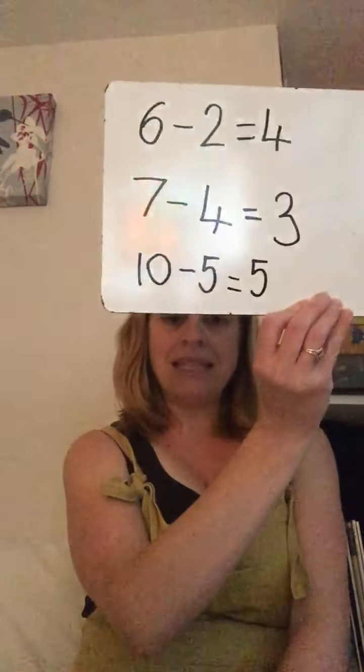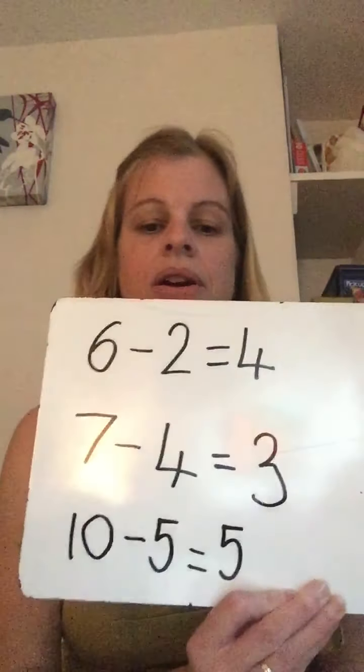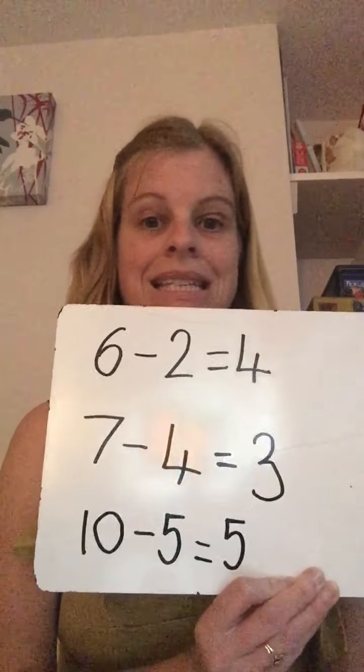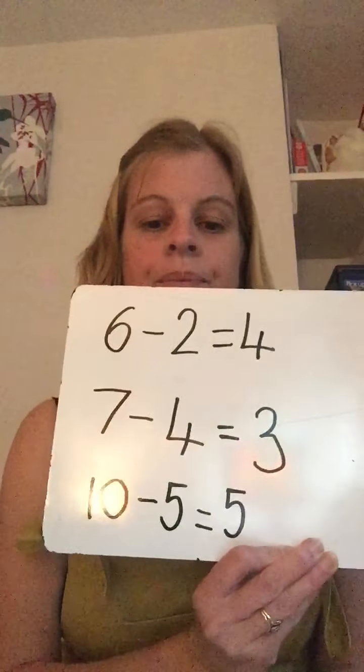Find some counters, take some away, find out how many you've got left and write it as a number sentence. Have a go at writing as many number sentences as you can. That's what I'd like reception children to have a go at today.